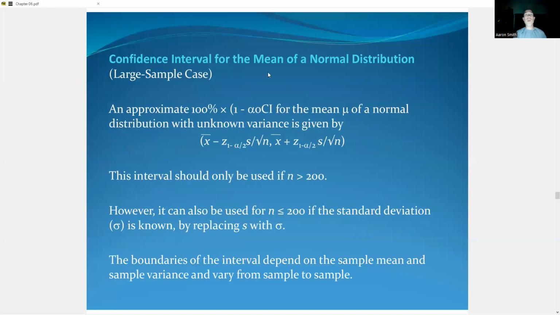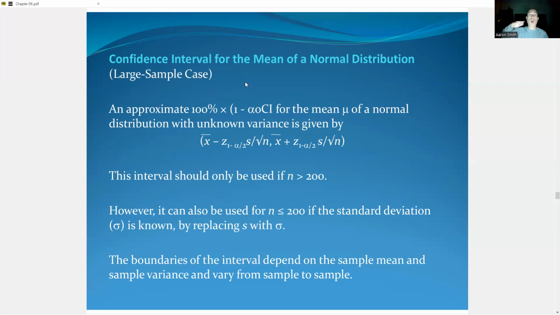Confidence intervals for the mean of a normal distribution, so the large sample case. It works out that if I have a super big amount of data, that T part in there with the degrees of freedom, I can actually replace T with the normal distribution approximately.